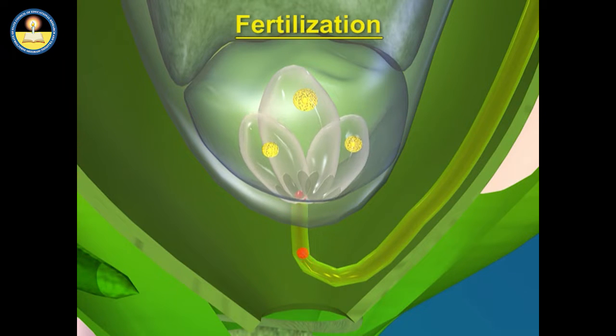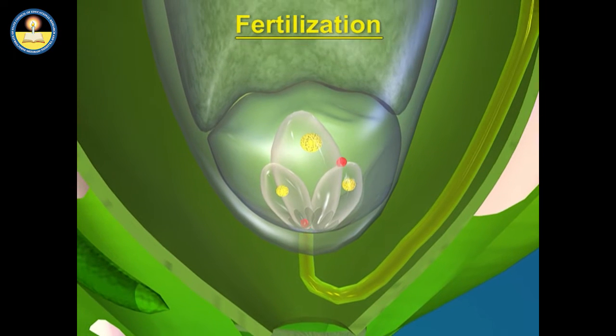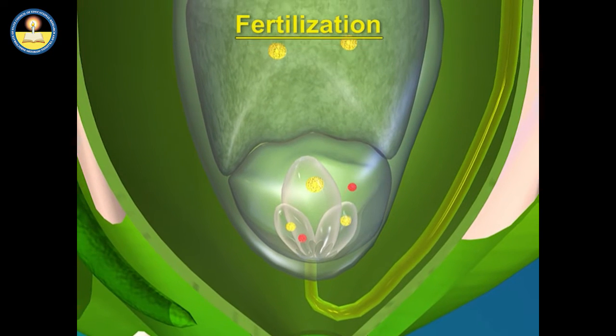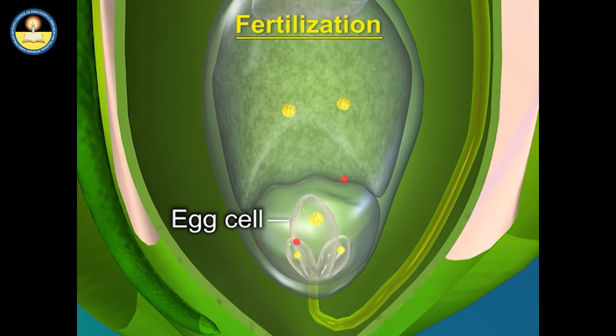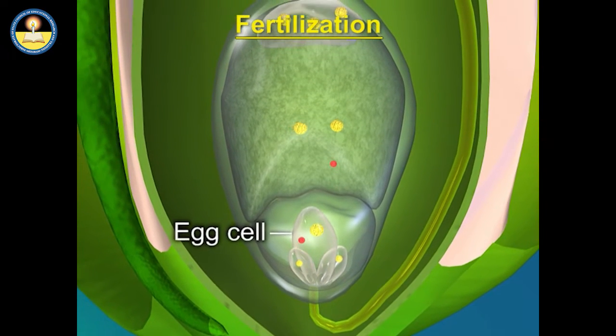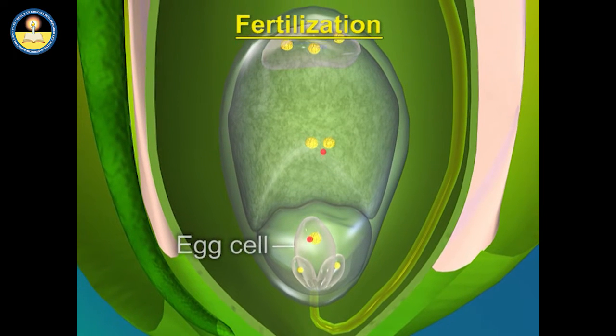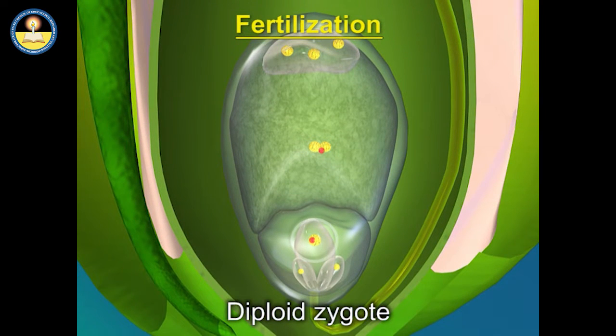Once the pollen tube enters the embryo sac, its tip dissolves and the male gametes are liberated. One of the male gametes fuses with the egg cell present between the synergids and produces a diploid zygote.